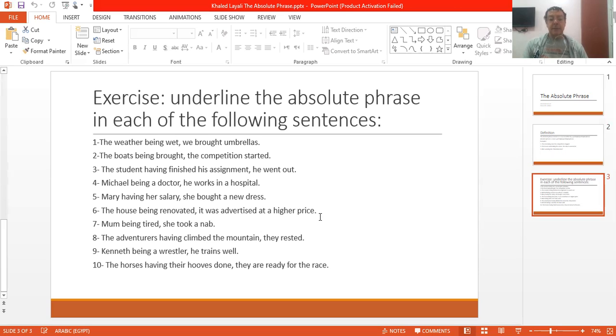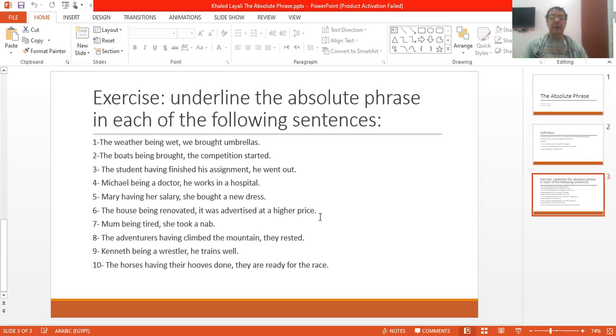Number eight, the adventurers having climbed the mountain, they rested. So the adventurers, we have a definite article there. Adventurers is a noun. Having climbed the mountain is a participial that modifies the noun. So the whole phrase, the adventurers having climbed the mountain, is an absolute phrase.